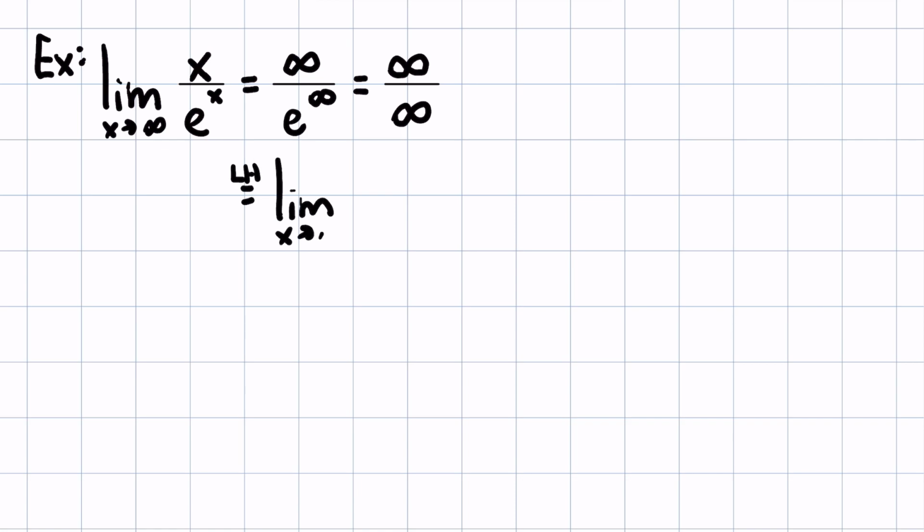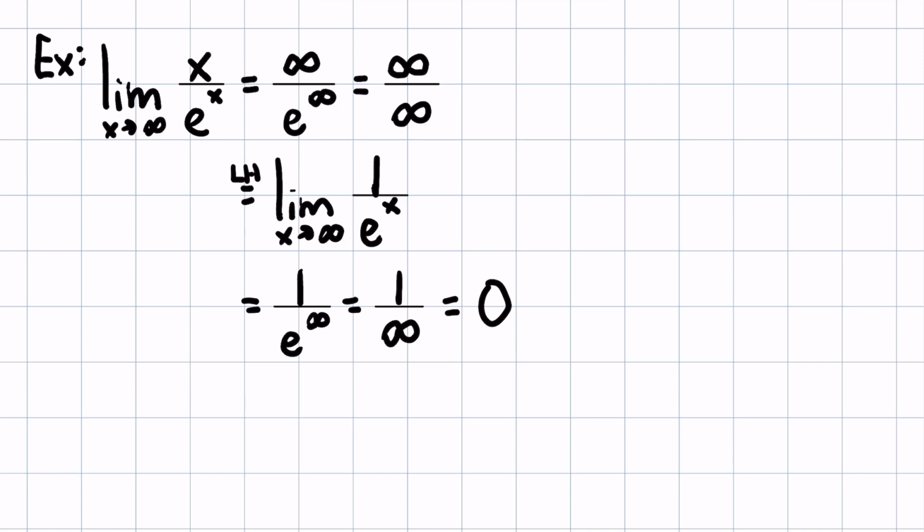So you have the limit as x approaches infinity of the derivative of x, which is 1, over e to the x, because the derivative of e to the x is always itself. Now, if I plug in infinity, I'm going to have 1 over e to the infinity. Again, e to the infinity is infinity, so we have 1 over infinity, and a constant over infinity is just 0. So that's going to be our limit.